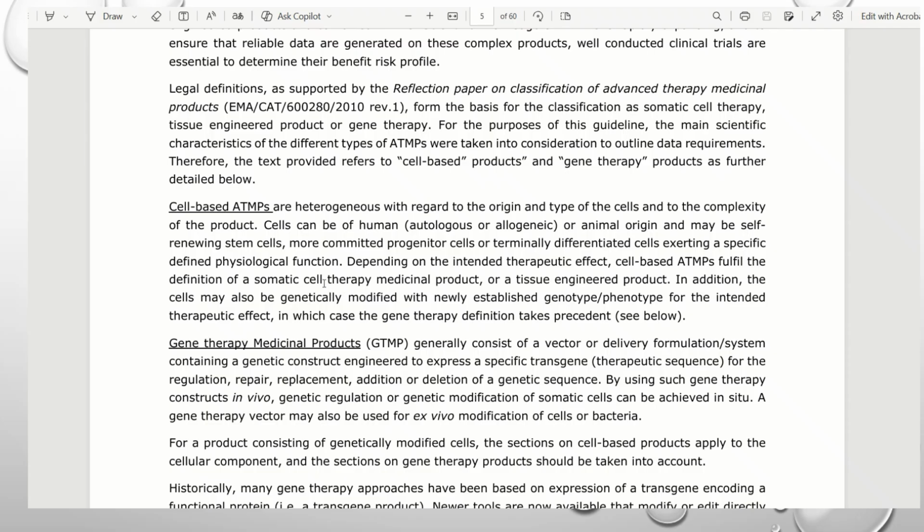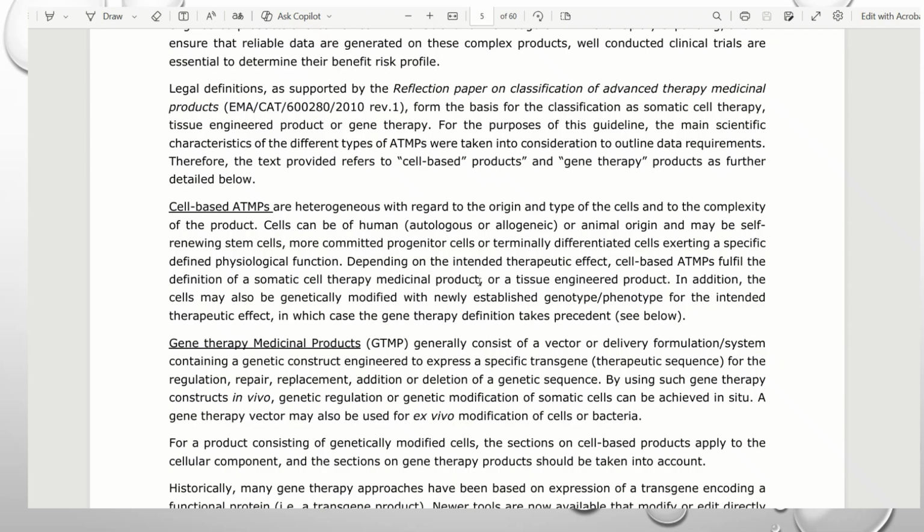These are somatic cell therapy medicinal products, with a mechanism of action that is dependent upon immunogenic responses, and that is the reason for them being somatic cell therapy medicinal products. They're not regenerative, replacing and repairing in that context.